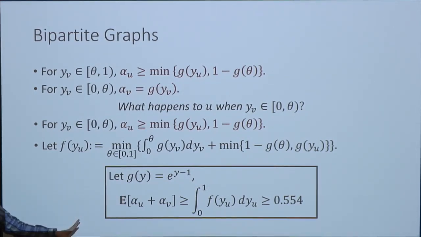The right answer for the performance of ranking in bipartite graphs is actually somewhat better. So if you stick with this bound, then this is close to the optimal function. No matter what G function you choose, you're not going to get too much better than this.